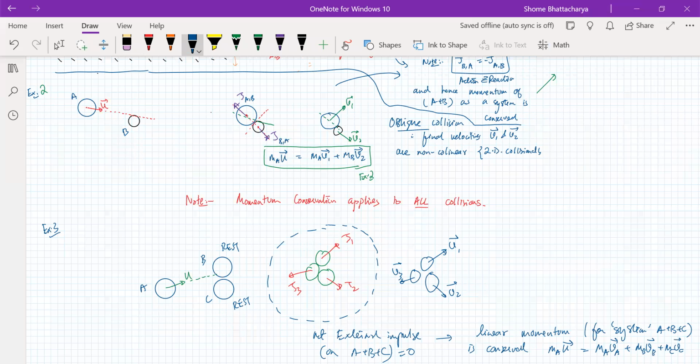So this is an example where a moving body A collides simultaneously, and also you can see obliquely, in the diagram that it's an oblique collision with two bodies, or you can say two stationary bodies.